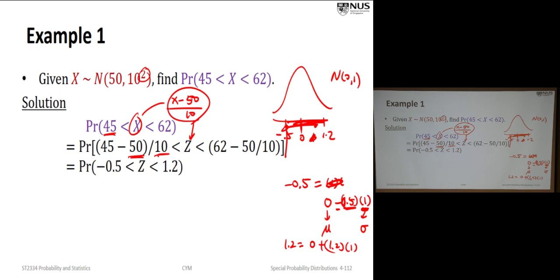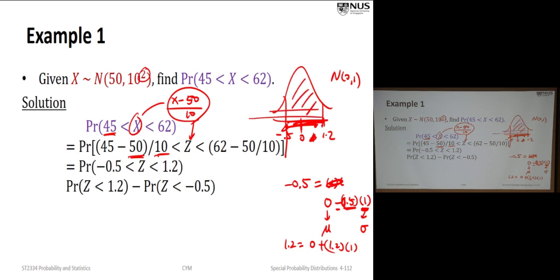The mean is 0 for the standard normal distribution. So it's equivalent to the probability of Z less than 1.2 minus the probability of Z less than minus 0.5. So I want this probability: Z less than 1.2, and then subtract this part. The difference will be the one that we want.